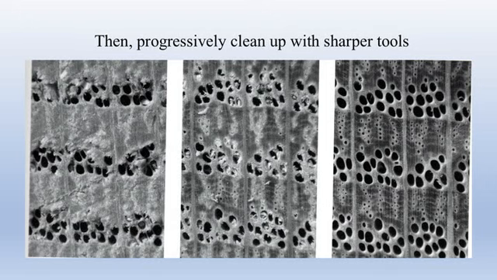So this middle picture is after cleaning up with a sharp pocket knife. So you can see the pores a little bit better, and you can see some late wood pores showing up. And then the right hand picture is after cleaning up with a razor blade. Everything is nice and clear. We've got the cells open, clear, and the late wood pores are visible.